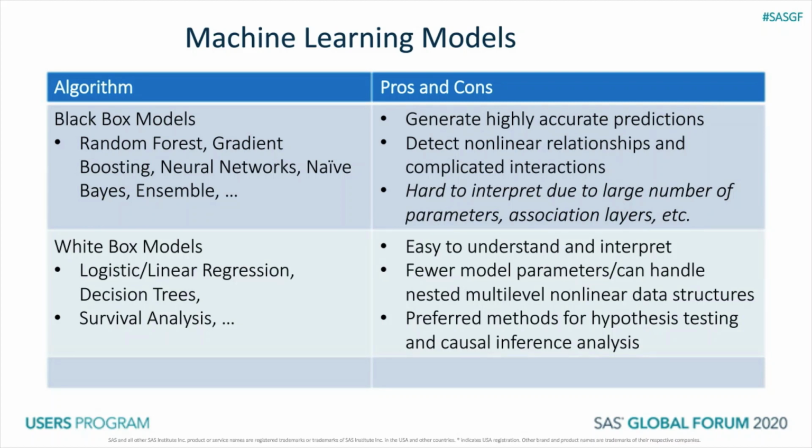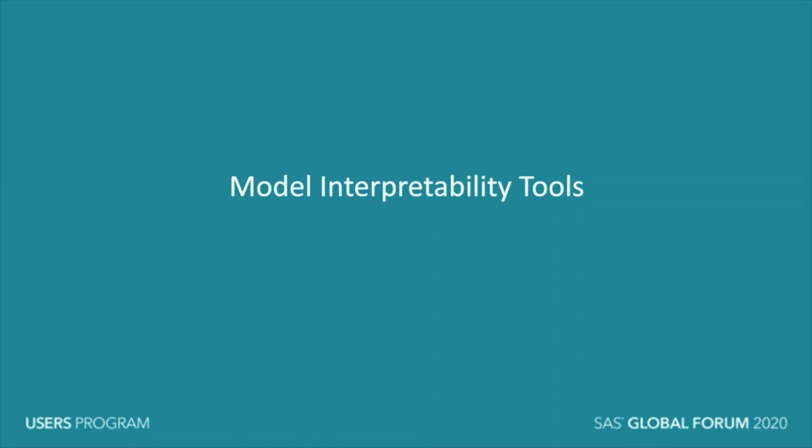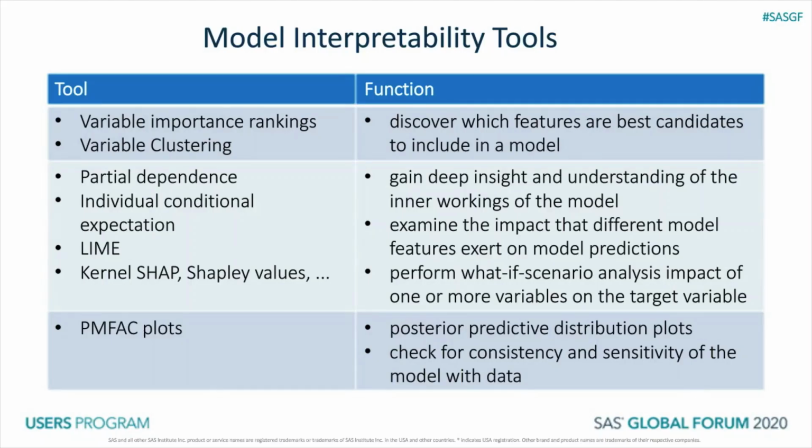So now let's look briefly at the interpretability tools that we currently use to explain predictions from black box models. The first one is variable importance ranking, and it's often used to discover features that are ranked as best candidates to include in a model. Then we also have partial dependence and individual conditional expectation line plots.